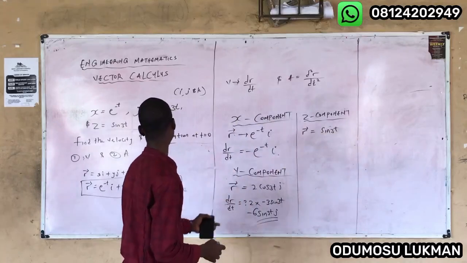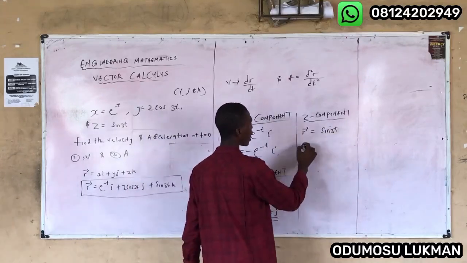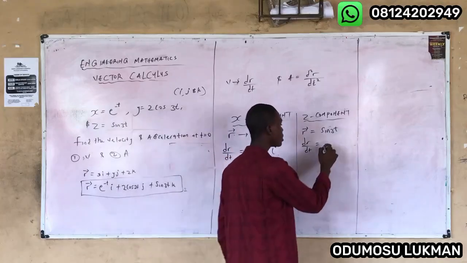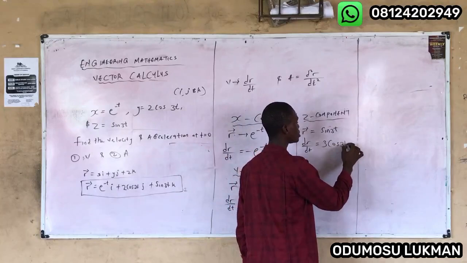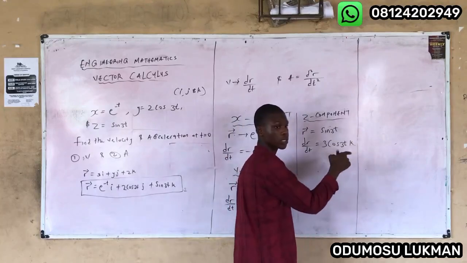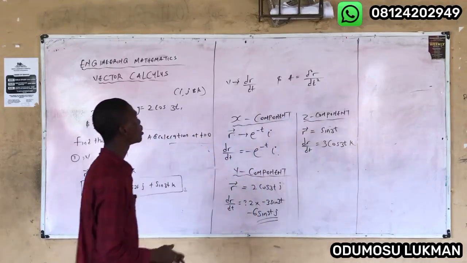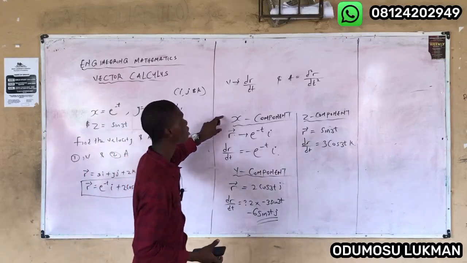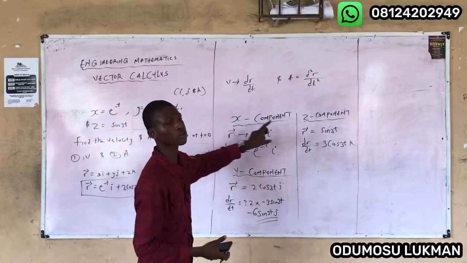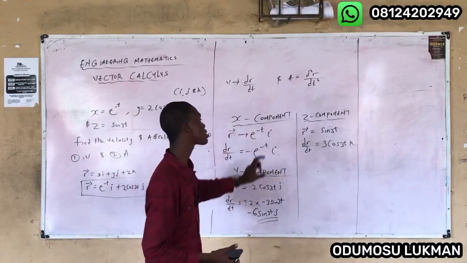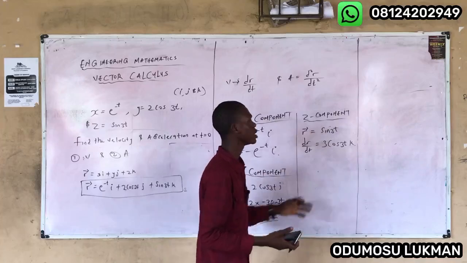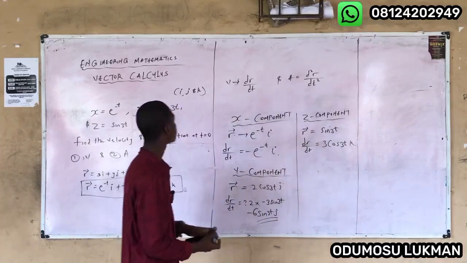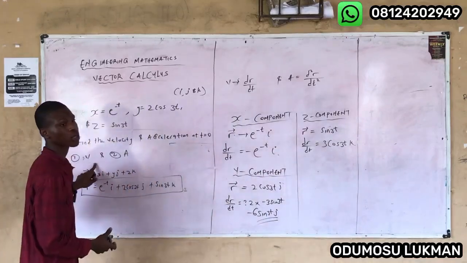Applying the same idea here, it means that dr/dt will be equal to 3 cos 3t. Then your direction is k, right? Meaning we've been able to differentiate velocity in x component, velocity in y component, and velocity in z component. Then bringing all the velocity together will give you the velocity you are asked to calculate.